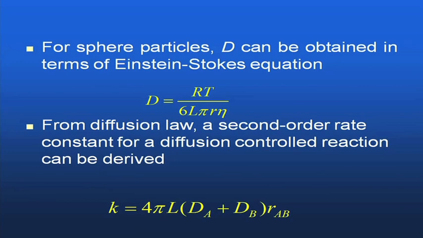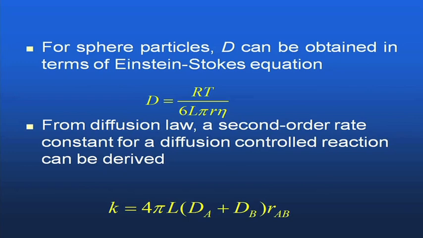Your diffusion constant is RT divided by 6 L pi R eta, where eta is the coefficient of viscosity. And from the diffusion law, the second order rate constant of a diffusion controlled reaction can be derived: K is equal to 4 pi L (DA plus DB) times RAB.